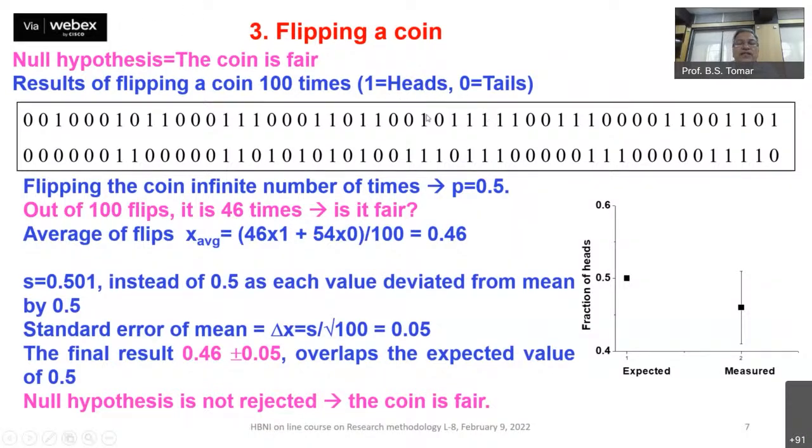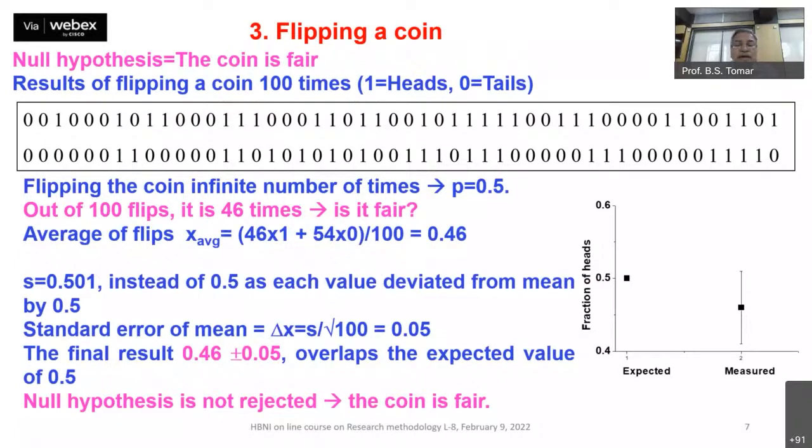So this is the data of 100 times you flip a coin, where 1 equals head and 0 equals tails. These are the 100 data. You will get either 0 or 1 depending upon whether you get tail or head. And then you analyze this data statistically to tell whether the coin is fair or not. Now, if you flip the coin an infinite number of times, you will get P equal to 0.5.